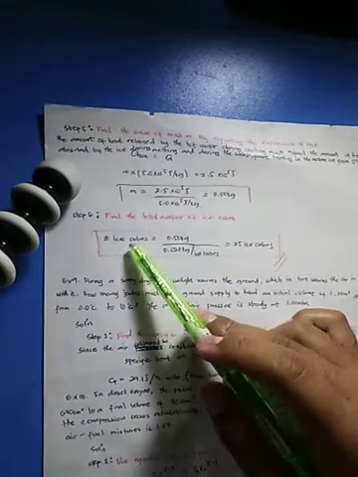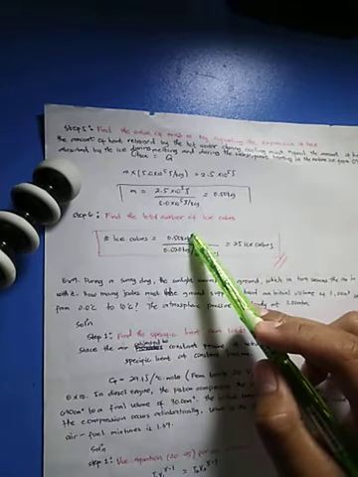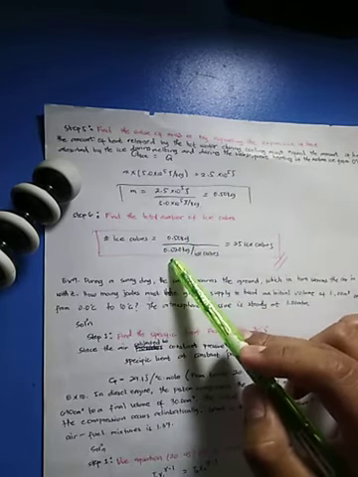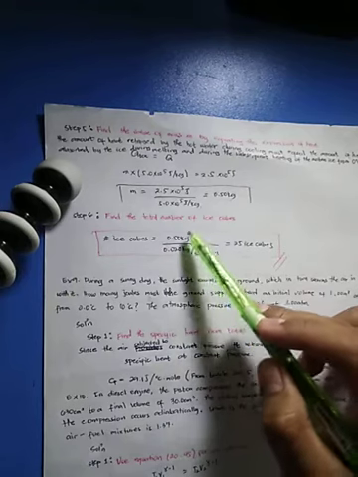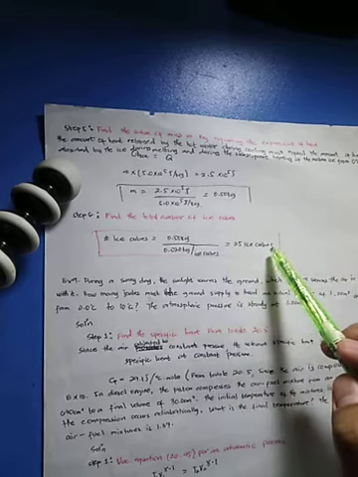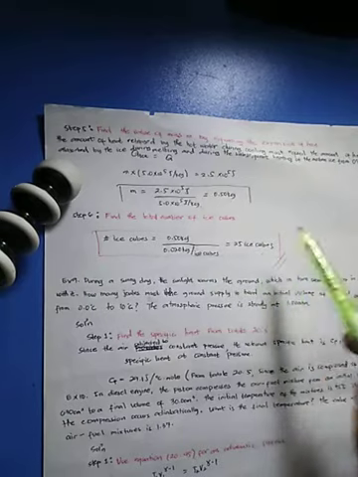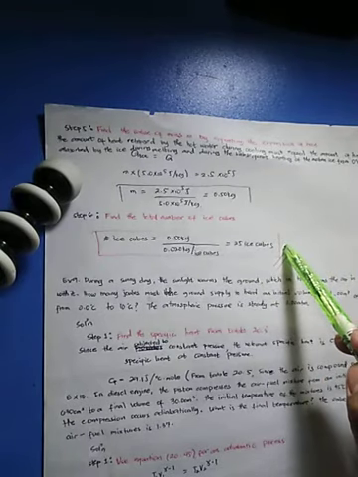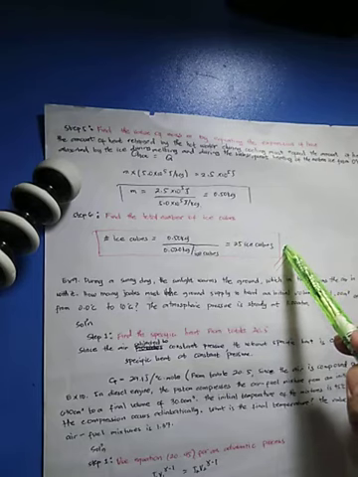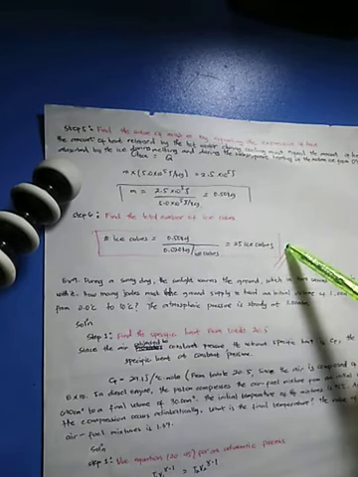Kasi in here, from step number 6, by finding the number of ice cubes, we have 0.5 kilogram divided by 0.020 kilogram per ice cube. So cancel out yung kilogram. So ang matitira lang is ice cubes. So therefore, we have 25 ice cubes. So the answer therefore is 25 ice cubes, para ma-transform mo yung hot water from 100 degrees Celsius into 40 degrees Celsius.